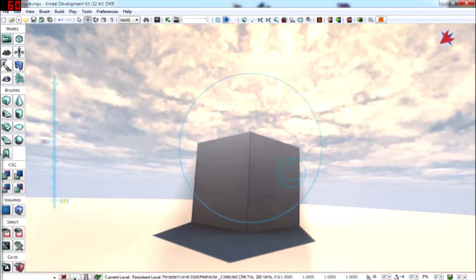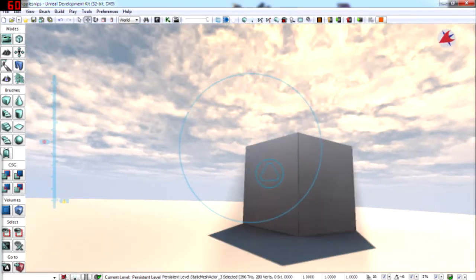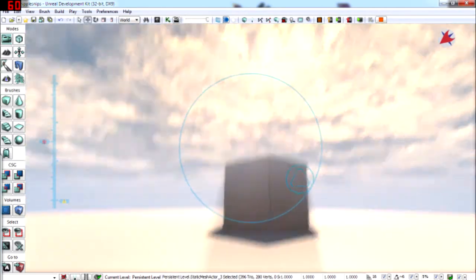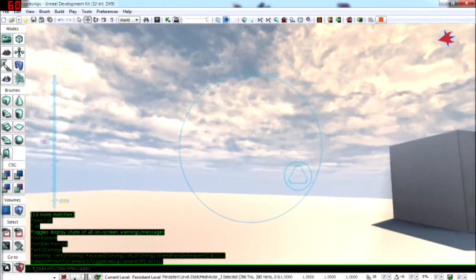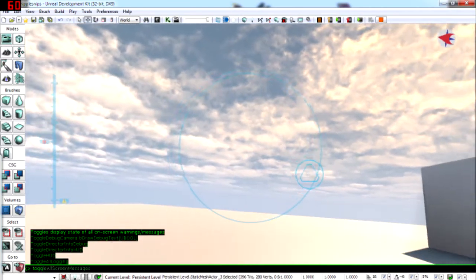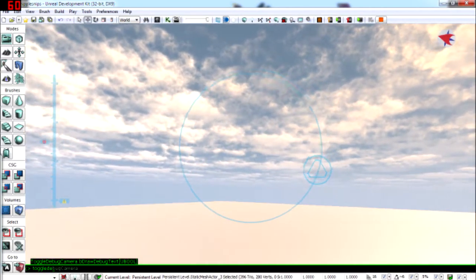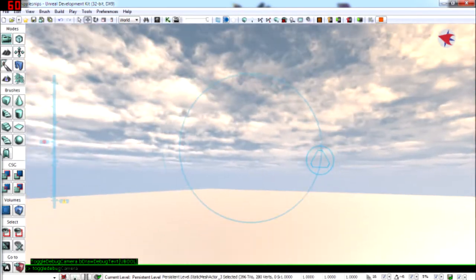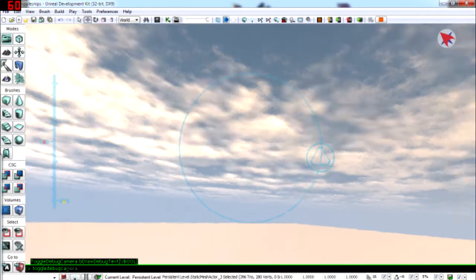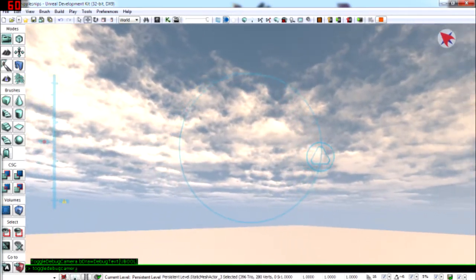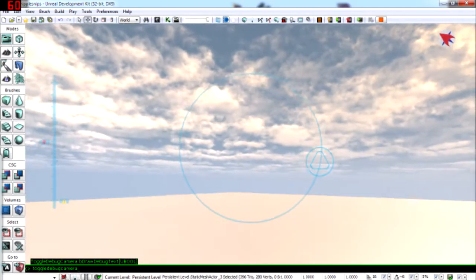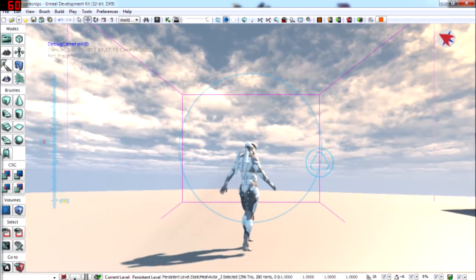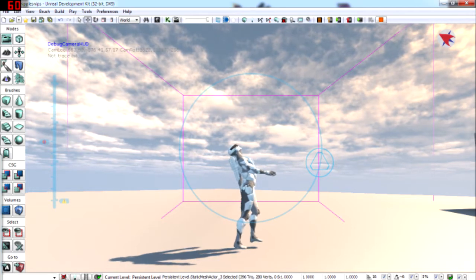Let's put the camera. I believe I spelled that wrong. Camera. Okay. So, look up.